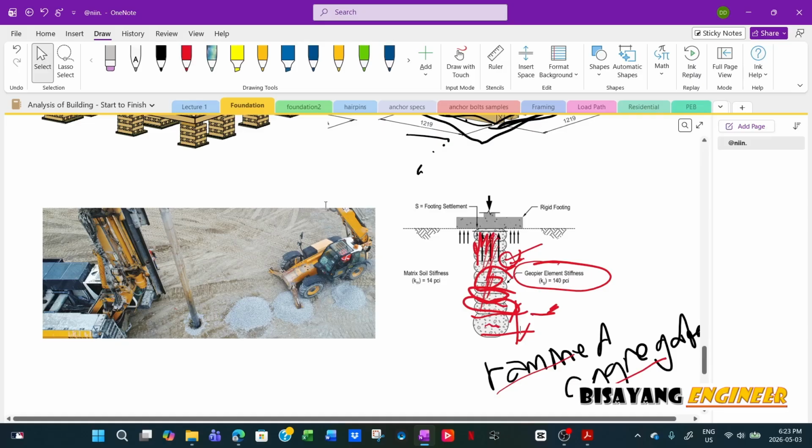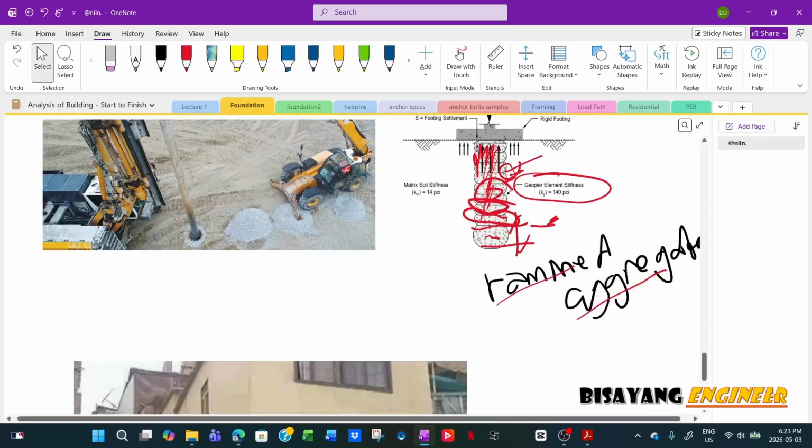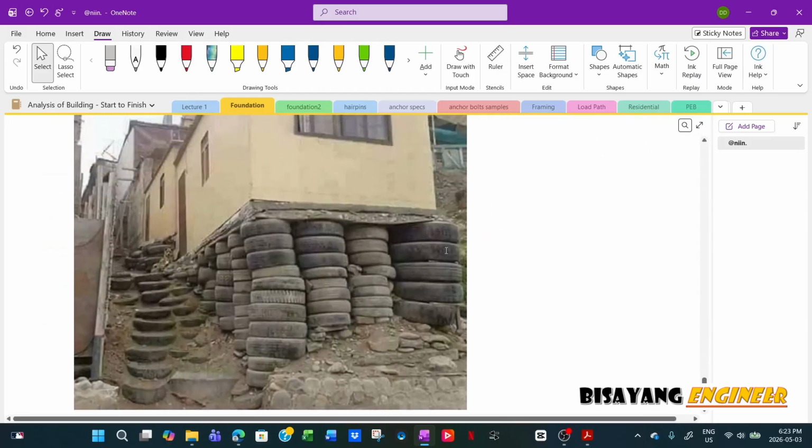But there's one bonus type of foundation. I don't know what you would call this one, but it looks crazy, and hey, it works.